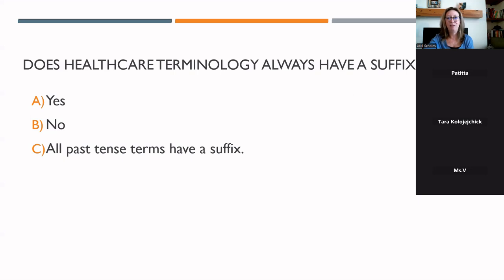I like the drama of waiting to get rid of one wrong answer. So, does healthcare terminology always have a suffix? A, yes, B, no, and C, all past tense terms have a suffix. 3, 2, 1, go.